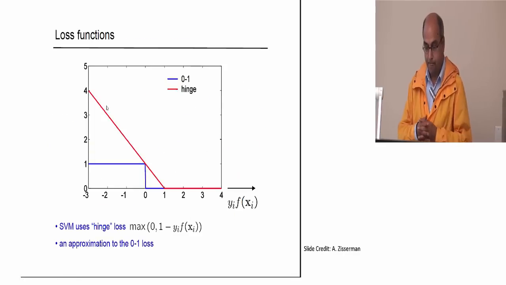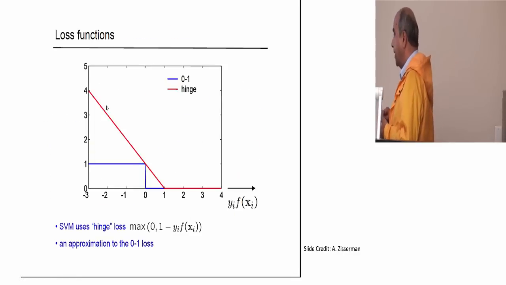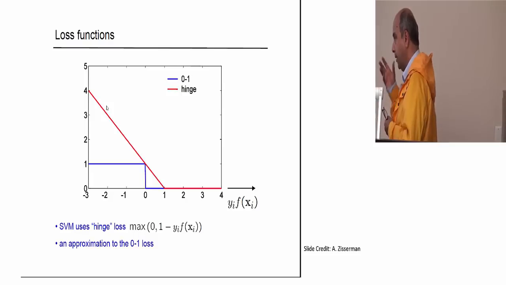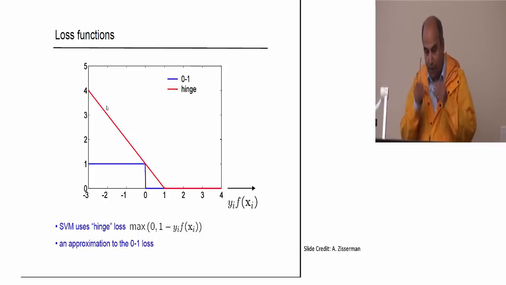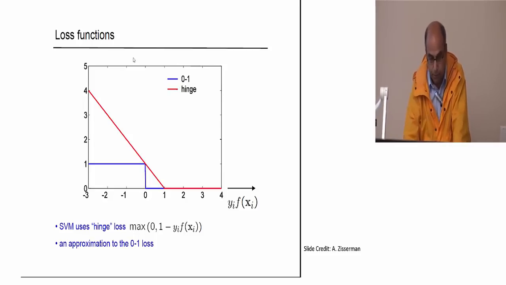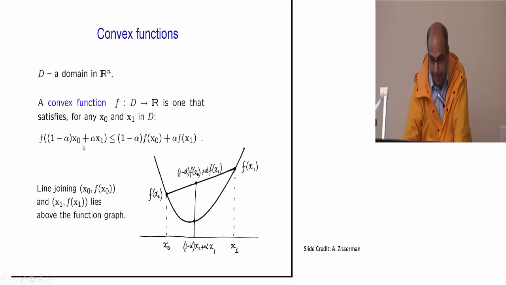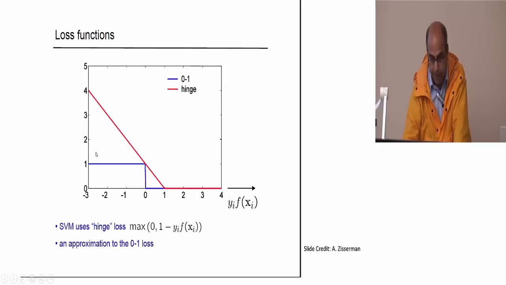And this loss function has a name, Hinge loss, and it is better than the 0-1 loss. Okay, so the 0-1 loss is the one shown in blue, and it says that if yi f(xi) is positive, there's no loss.